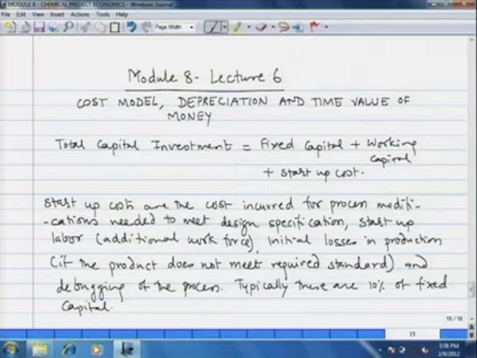Now, startup costs are additional costs incurred at the beginning of the process. These are incurred because of process modifications that we need to make to meet the design specification of equipment, or the startup labor, as additional workforce may be required at the startup of the process. Then the product that is formed may not meet the required standard initially when the process is reaching steady state, and therefore that initial loss of raw material is also included in the startup cost.